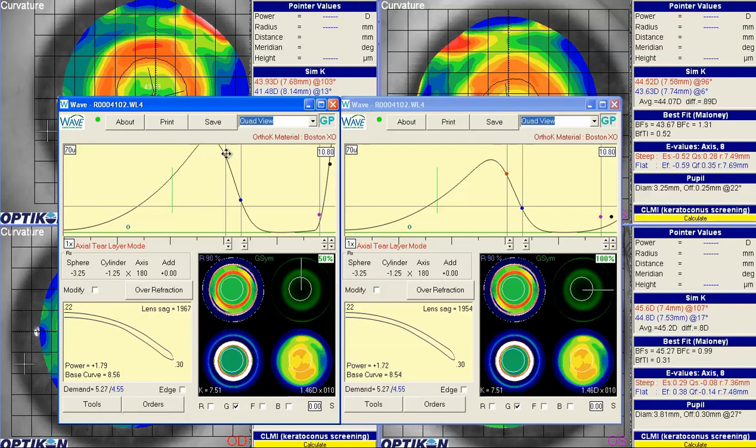Right now we're at 6.2 and 6.8, so what we're going to do is reduce this to 5.6 and 6.2. We want to note our initial power right now of 1.79, which should be the same as the horizontal, pretty similar, 1.72. So I'm going to drag this down to 5.6 and drag this down to 6.2.